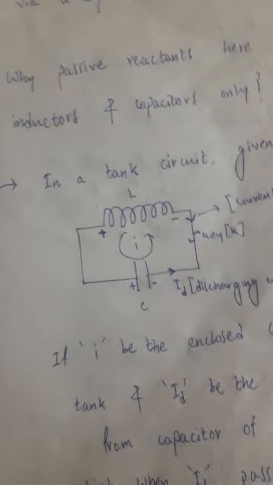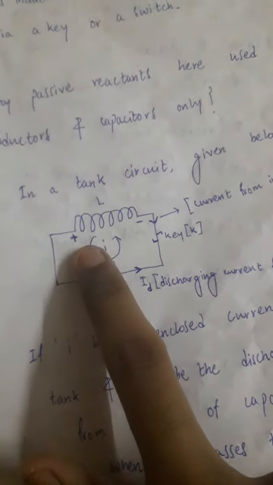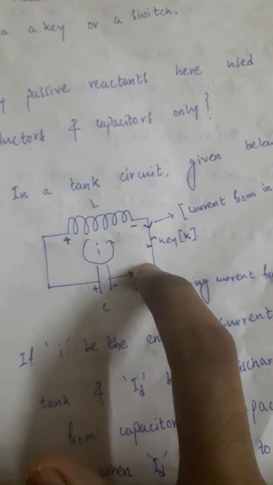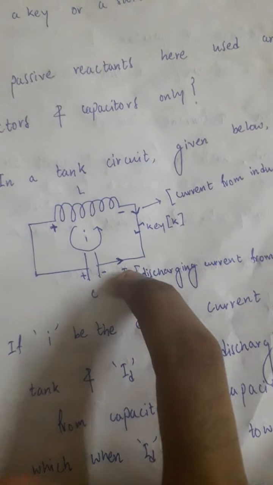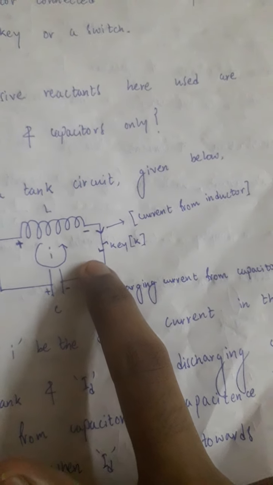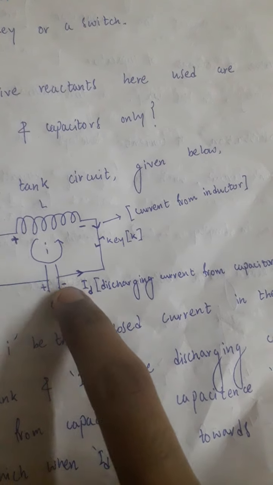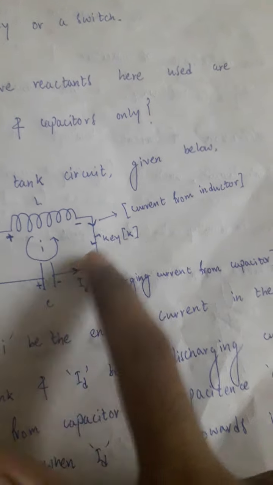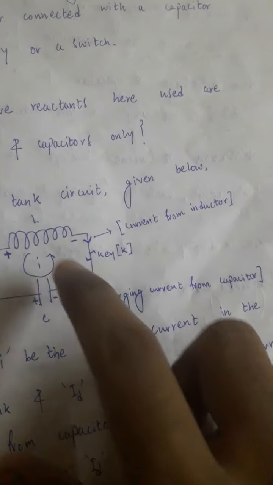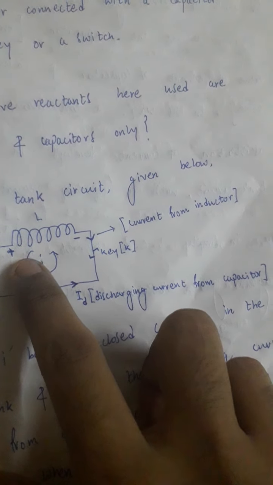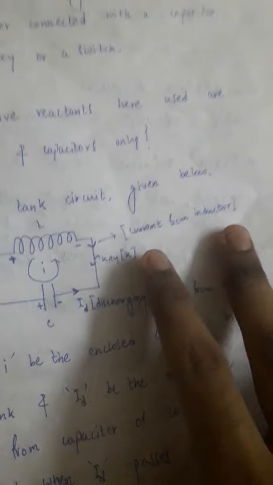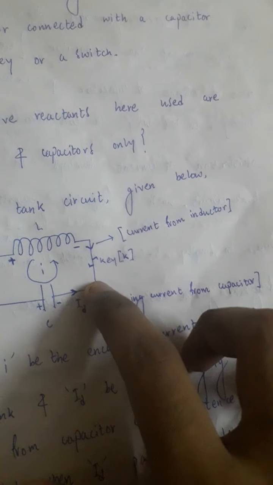So here the back EMF is in this direction, and the discharging current from the capacitor is in this direction. If we consider the discharging current from the capacitor in this way, the back EMF produced by the inductor generates a current from the inductor in this way.